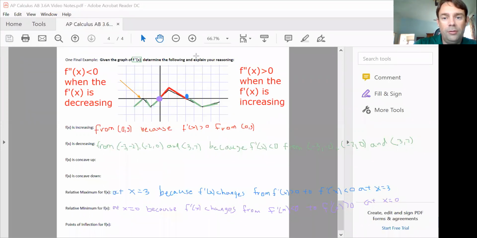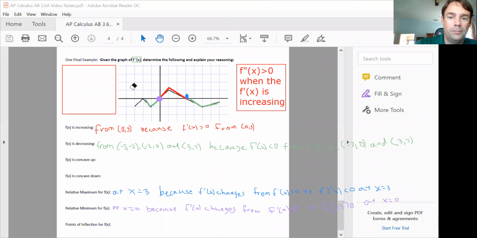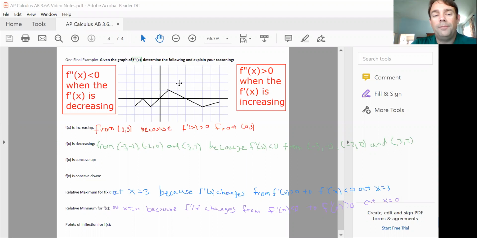So if you need to, take another second here and see if you guys can actually determine when it is increasing and decreasing. Kind of move that for a second so I can erase. All right.